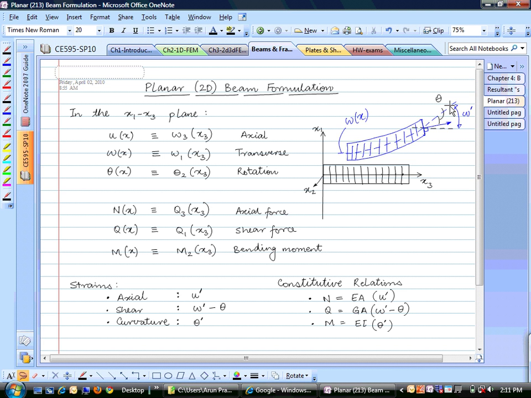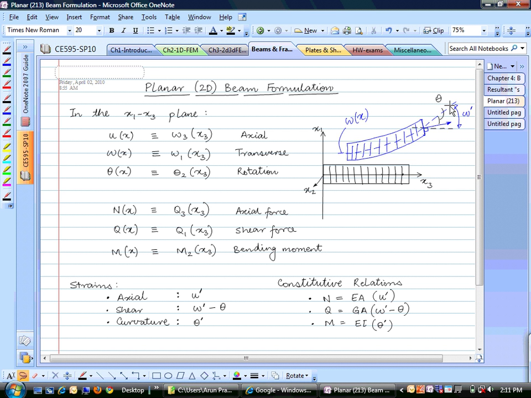So the way to imagine what a bending problem looks like is that if these are all the pages of this book, let's say, the rigid cross sections, a pure bending mode would be something like this, okay? And a pure shear mode would be something like this. I don't know if you can see that. If I were to shear the two planes like this, that would be a shear deformation.